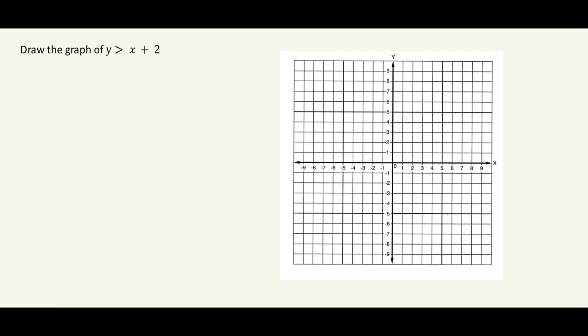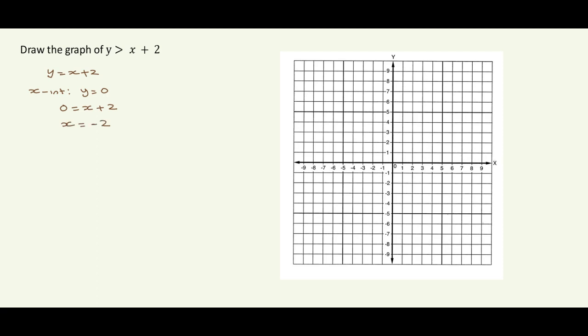Generally, when you're drawing a graph, you have to focus on the x-intercept and the y-intercept. So we're going to treat it as if it's y equal to x plus 2. So our x-intercept, we have y equal to 0, so 0 equal to x plus 2, and then x equal to negative 2.